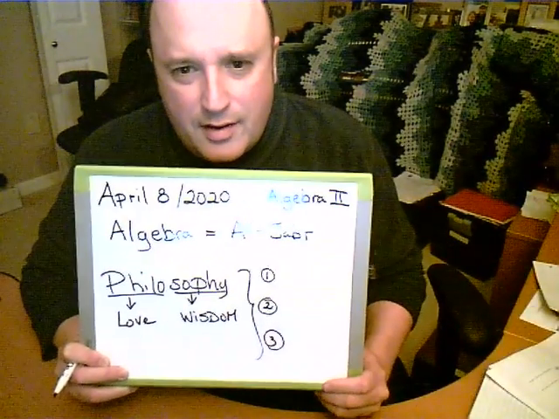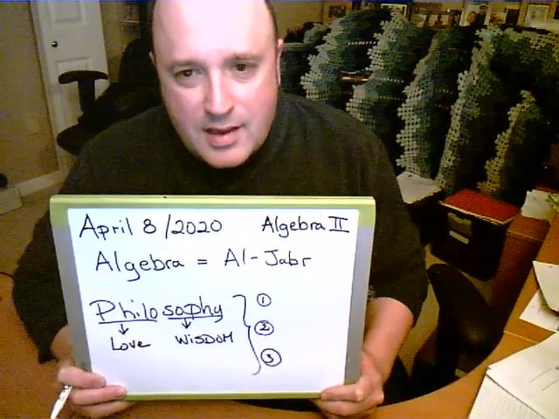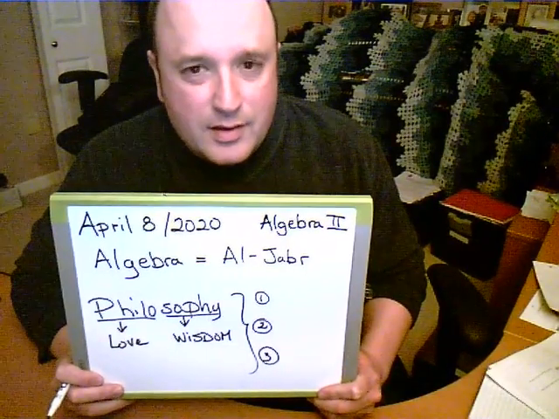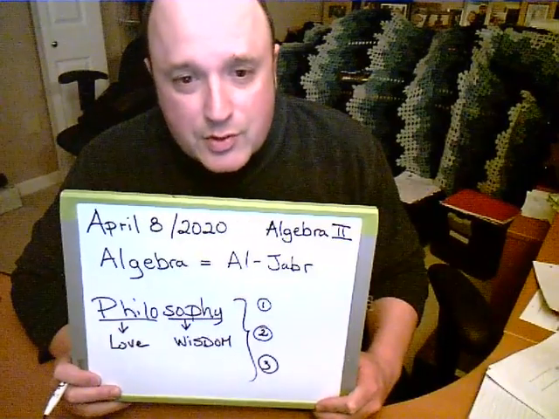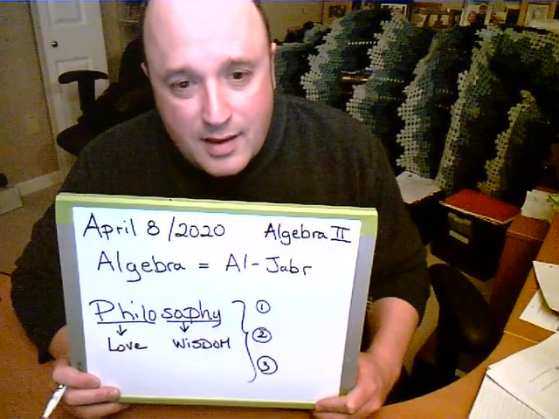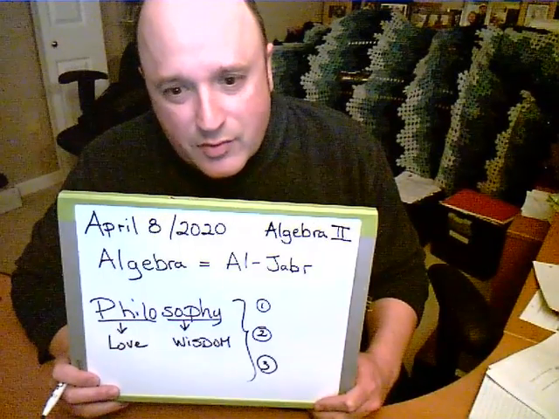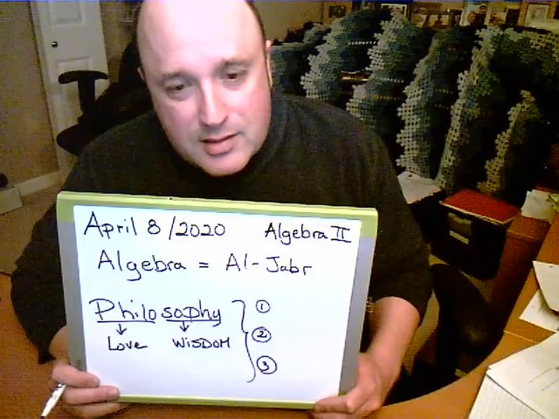If you remember, algebra is a Persian word, it's basically like the method of parts. It's a book that was produced by Al-Khwarizmi, since before the Crusades. So we get this information from Persia, and it's a philosophy.